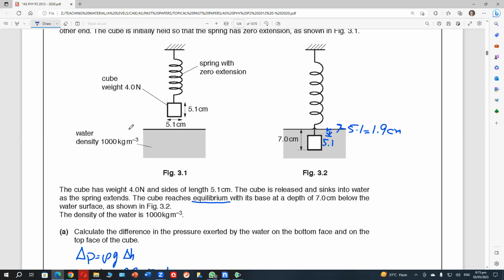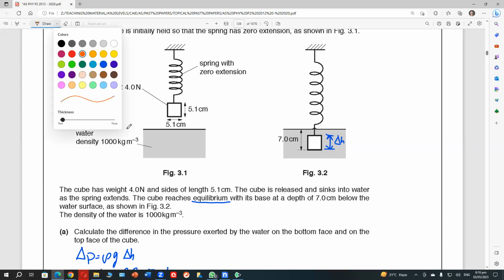No, actually, when it is in equilibrium, if it is in equilibrium, it means that the weight, which is downward, which is 4 Newton, should be equal to the total upward force.